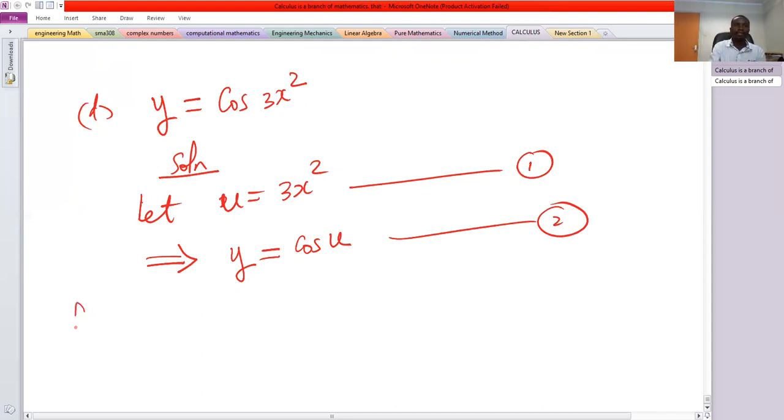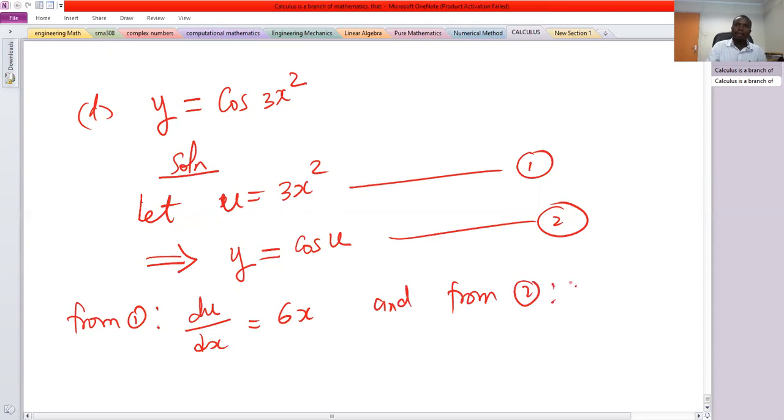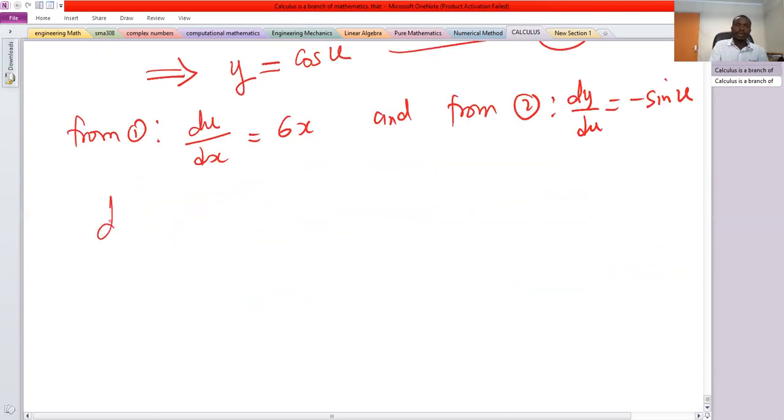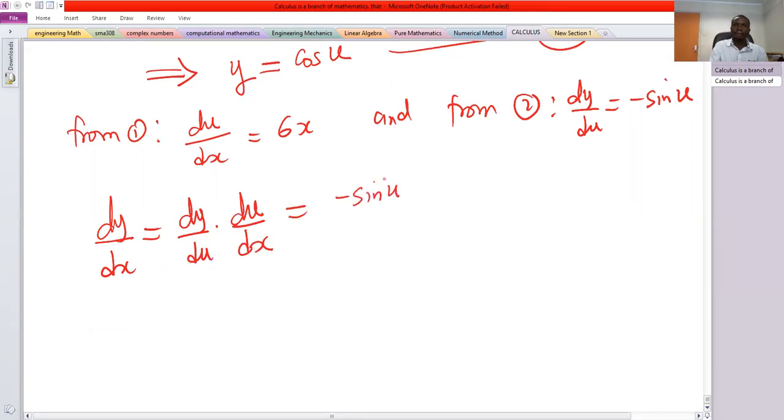Now, from 1, du dx is 6x, and from 2, dy du is negative sine u. The derivative of a cos function is a negative sine. So dy dx is dy du times du dx, which is negative sine u times 6x.